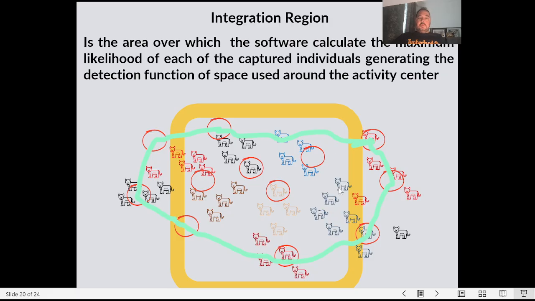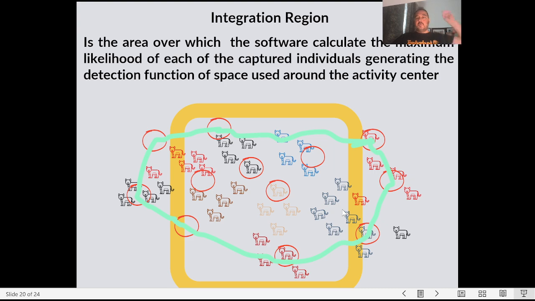So what we are actually trying to do is find a region to avoid excluding snow leopards which are not within our camera traps' detection.